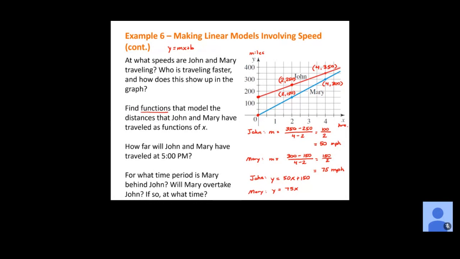So we're going to take x equals 5, and we're going to do what with it? Plug it into both equations, right? So we want to find John's distance and Mary's distance. So we're going to plug 5 in. I'm going to go to the next slide just so I have room to actually write this out.